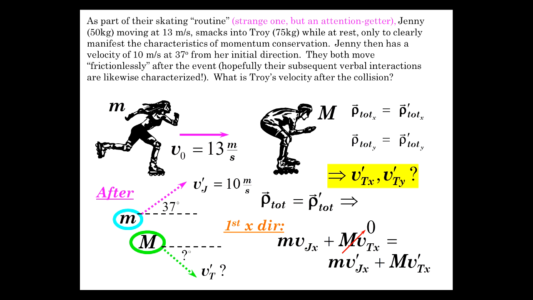So there it is. Now let's do the same in the y direction. By bringing it together, I mean let's find Troy's velocity after the collision, which is solving it. There it is. Let's plug the numbers in.